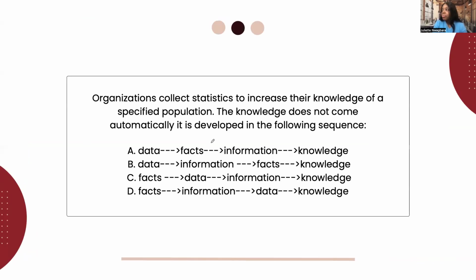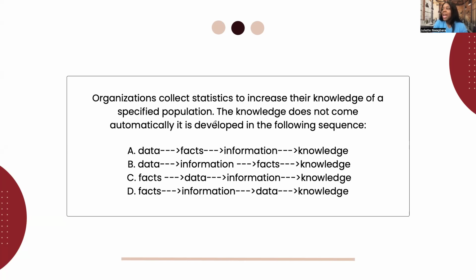Okay. All right, this next thing I wanted to cover, it's not direct math, but it's something that I want you guys to understand, the concept. I want you guys to understand the relationship with data to actual knowledge, right? So this question is asking and saying, organizations collect stats to increase their knowledge of a specific population.